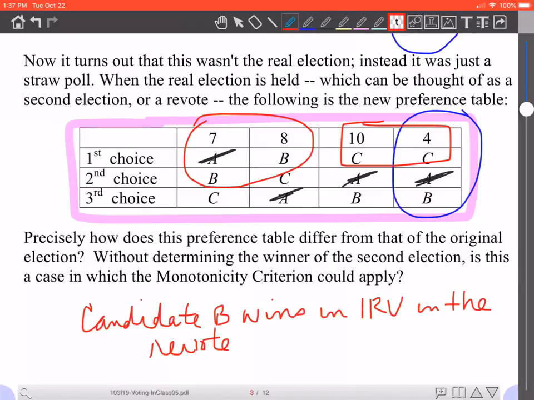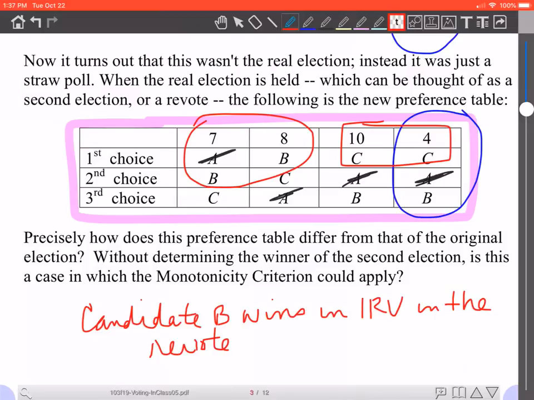So this is definitely an example of the monotonicity criterion being violated. We satisfied the first condition, that there needed to be a revote in which the original winner gets favored when some of the voters decide to change their ballots.